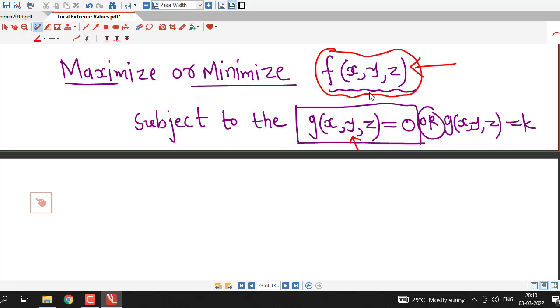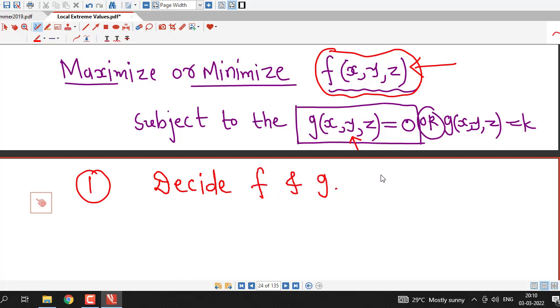Now, how do we find the maximum and minimum values of f(x,y,z) subject to the condition g(x,y,z) equal to 0? For that we have the method of Lagrange multipliers, and this is a very easy method. The first step is to decide what is small f and small g. Small f is the function which you want to maximize or minimize, and small g is the function which comes from the given restriction.